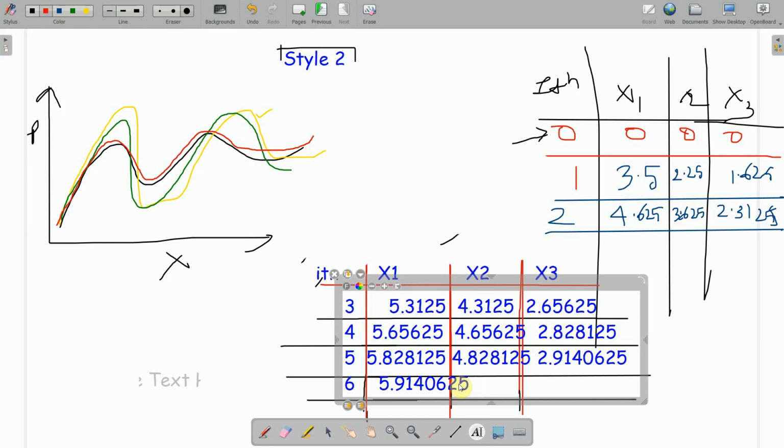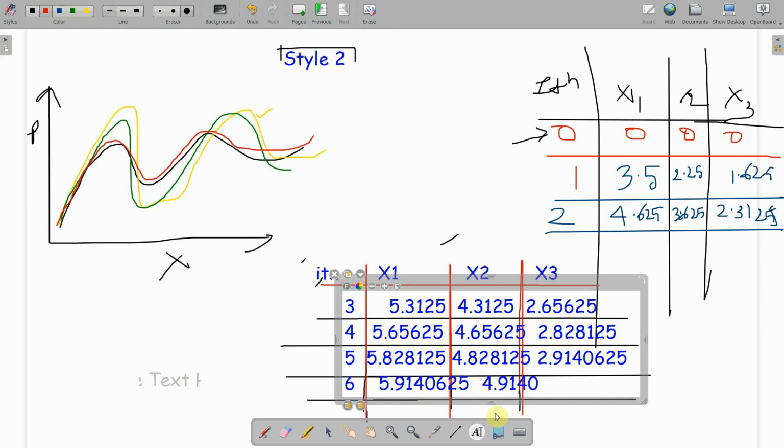Okay, now for the sixth iteration, for the x2 value, you just have to add x1 and x3. Last time x1 I am getting this one, and x3 this one, so 5.9140 and 2.91, and it's coming around plus 1, 4.9140.